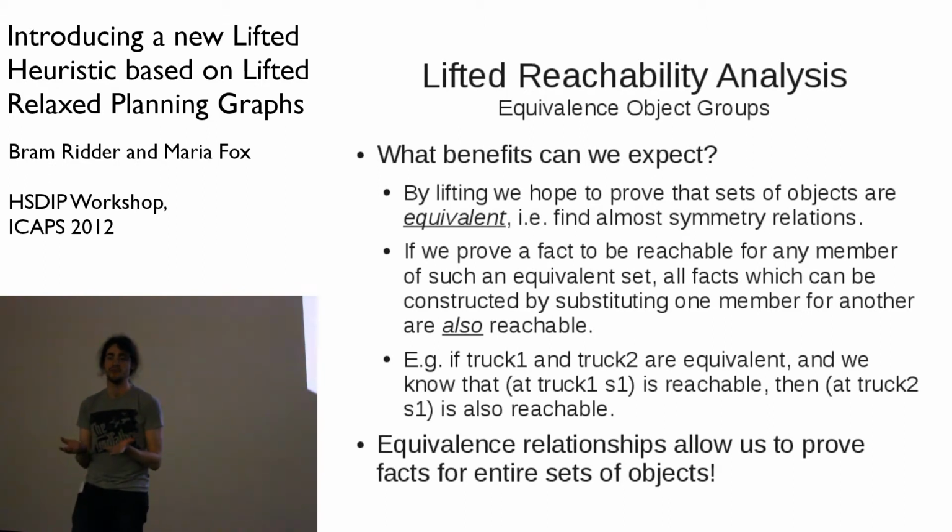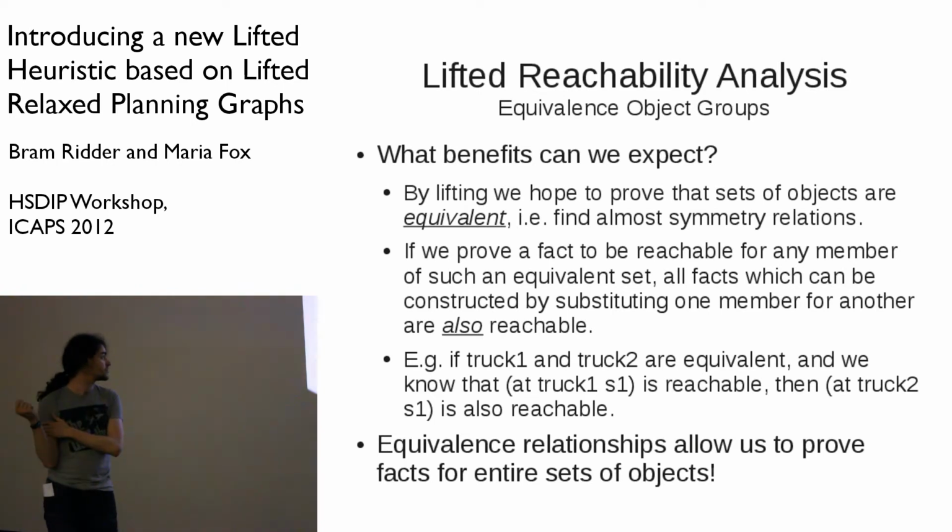Furthermore, we can prove facts to be true for objects without having to insert an action to make that fact true for that individual object. We'll show examples of this later on.